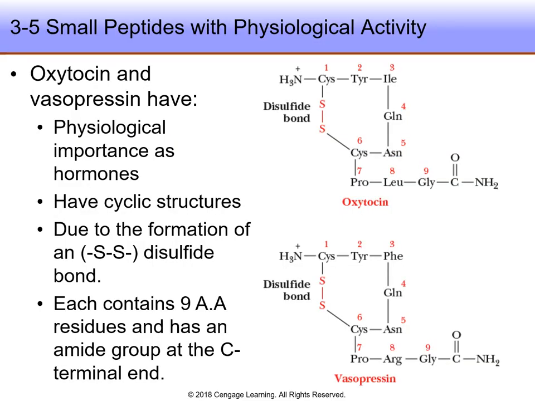Now finally, in the final section here, we have small peptides with physiological activity. What are some biological functions of small peptides? One of the most important of these roles is that of hormones, and we will see many examples of hormonal control as we discuss biochemical reactions in the later chapters.